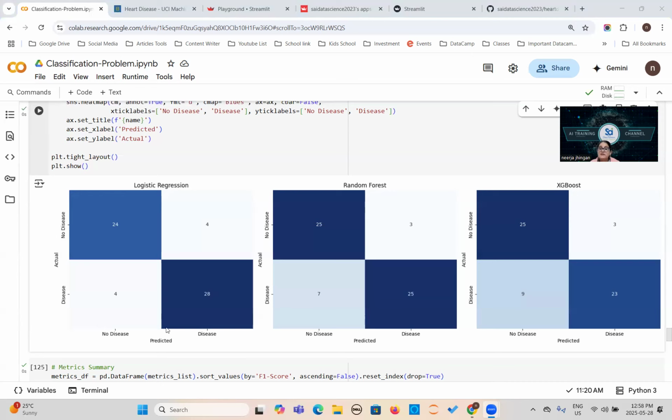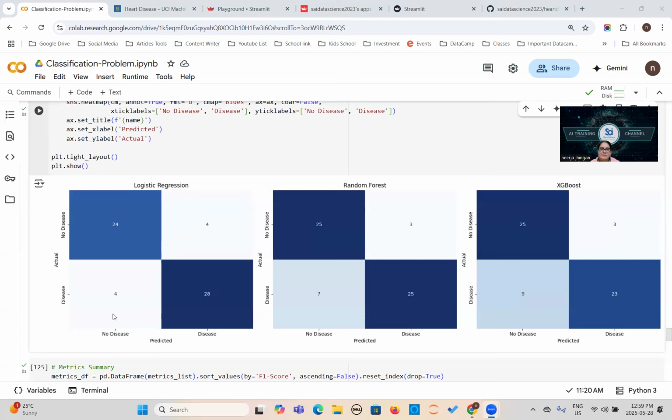I am saying this is your false positive, false negative, right? So the confusion matrix gives us four values: true negative, true positive, false positive, and false negative. So this is the true negative. Assume there are 28 values, and your machine is also saying that out of them 24 don't have the disease. They will get treatment, but they might have more tests, and they will be told, no, you don't have the heart disease.